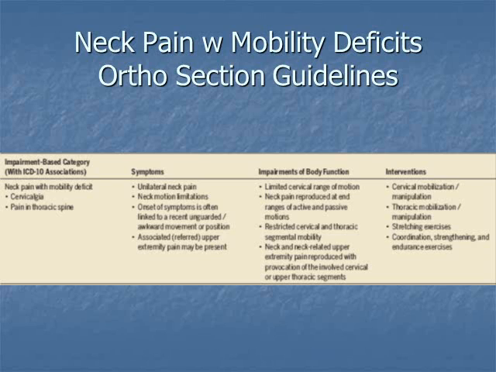In other words, for example, manual posterior anterior pressures may reproduce the patient's symptoms. Again, interventions would be mobilization manipulation procedures directed at the cervical spine and thoracic spine, stretching exercises, and then oftentimes we'll follow up with coordination strengthening and endurance exercises for these patients. So we see we now have a little bit wider intervention model proposed.